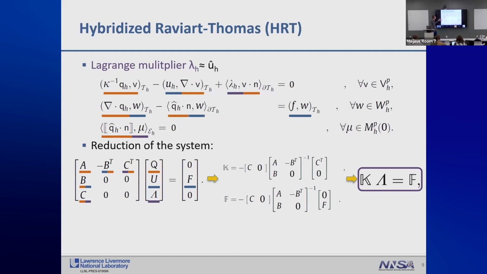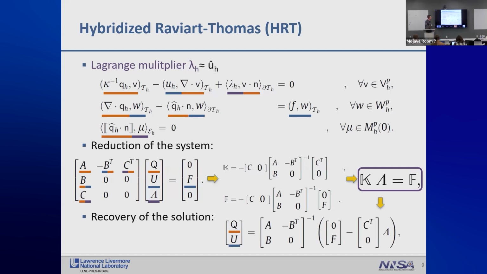We may eliminate these quantities and obtain in the end just a system for the unknown traces of Lagrange multipliers. And after the solution procedure, we then return back to our continuous fluxes and potentials.